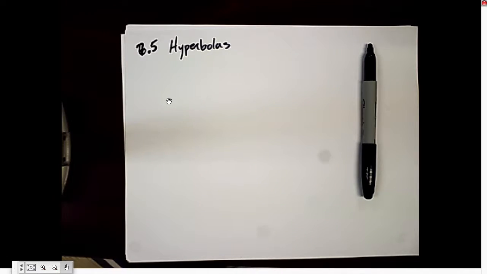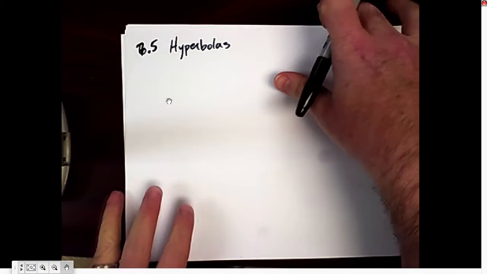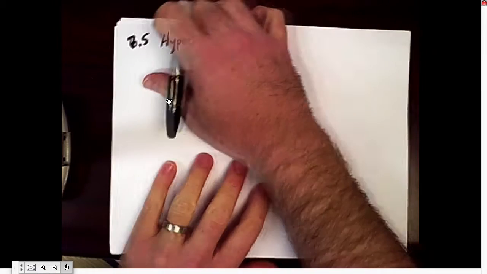All points a given distance from a given point. What is the definition of a parabola graphically? All points that are the same distance from a point and a line. That point is called the focus. That line is called the directrix.